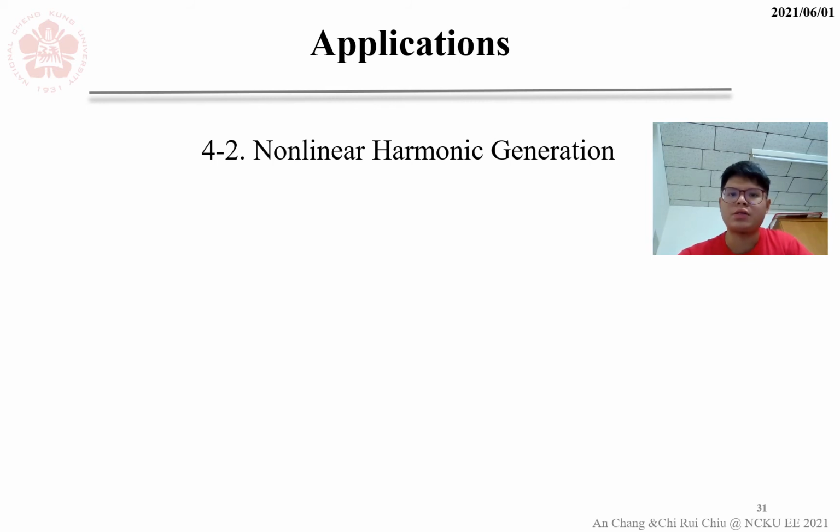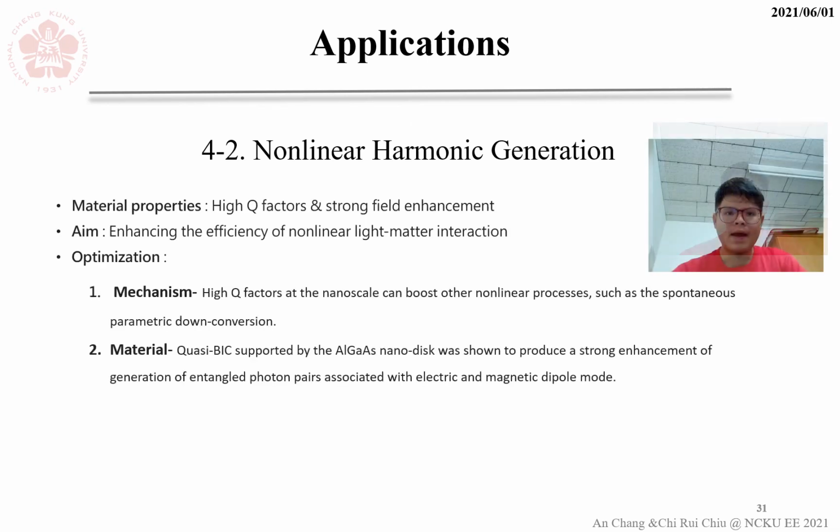Last but not least is progressing a fabrication with ion beam milling, and the result turned out that it may generate different designs of arrays and lattices of nanodisks. In material, the first is quasi-BICs in periodic arrangements of asymmetric meta-atoms. We get a result that enhances the efficiency of nonlinear harmonic generation in metasurfaces.